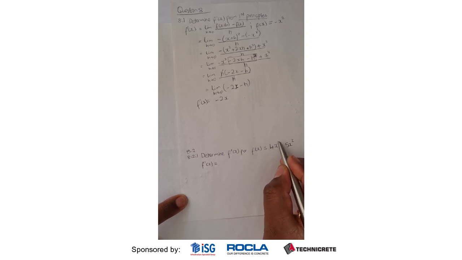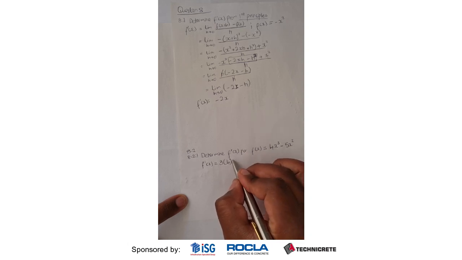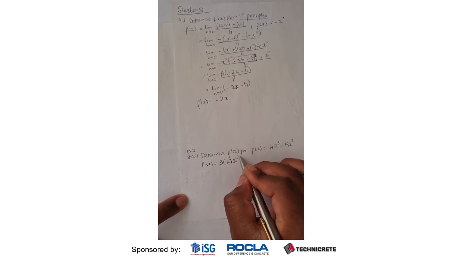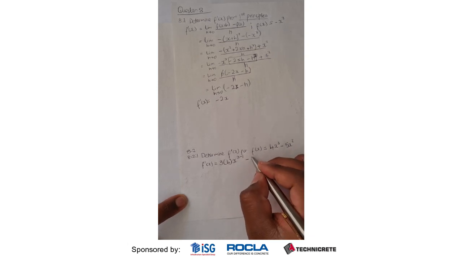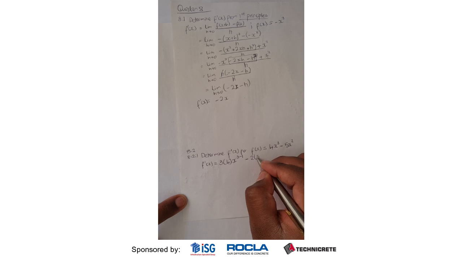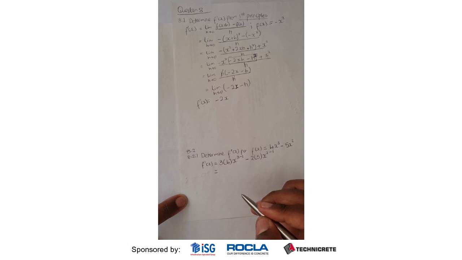The 3 comes down to multiply the 4, and then x becomes x to the power of 3 minus 1. Minus, we do the same here, the 2 comes down to multiply the 5, and x becomes x to the power of 2 minus 1.